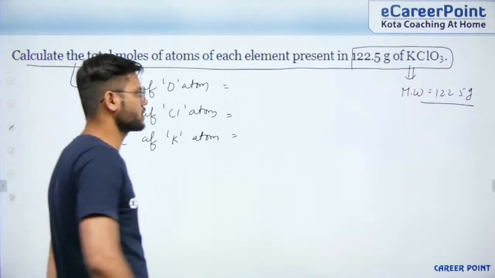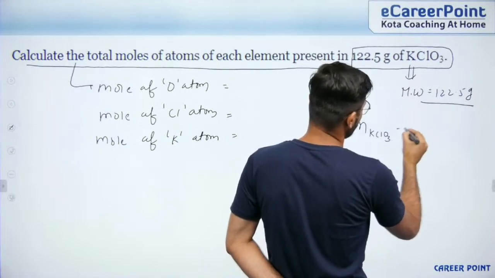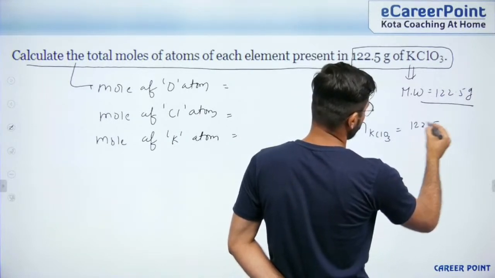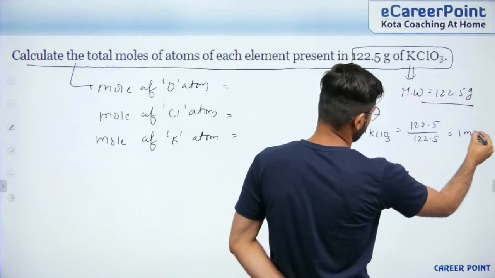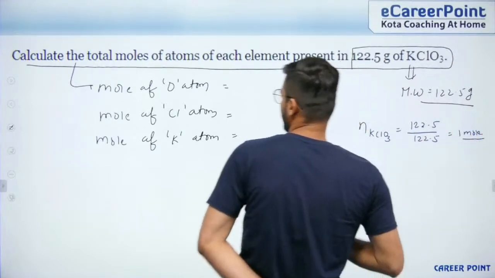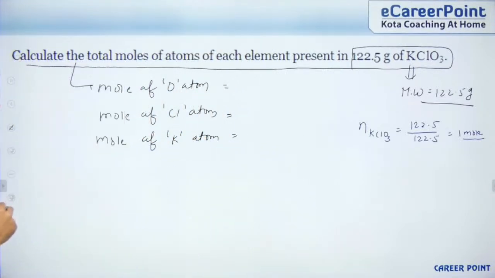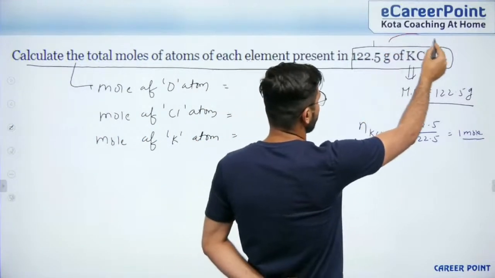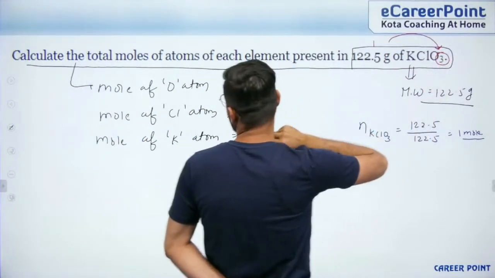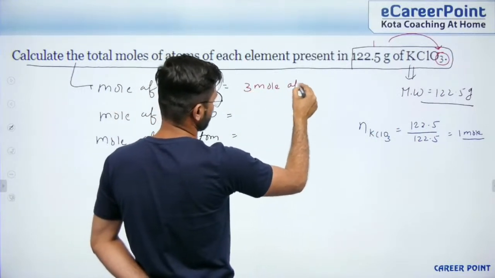So the number of moles of KClO3 is weight upon molecular weight, which is equal to 1 mole. Then mole of oxygen atom. How will you calculate the mole of oxygen atom? 1 mole of KClO3 has 3 mole of oxygen atom.